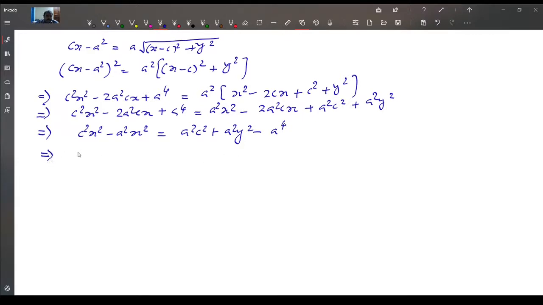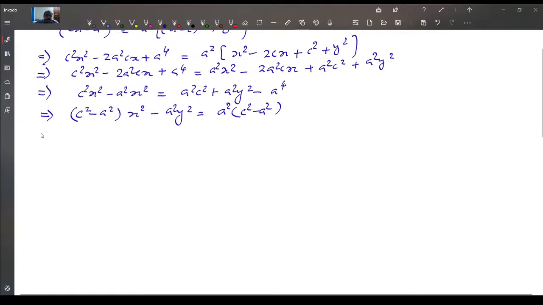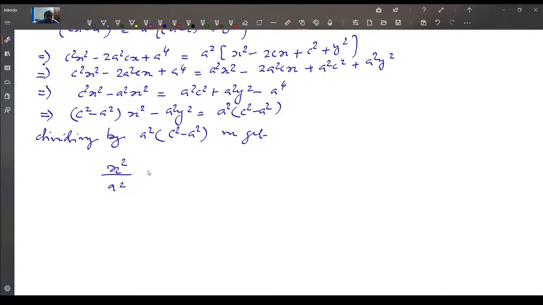So this implies (c square minus a square) into x square minus, you take a square y square to this side, a square y square, is equal to a square into (c square minus a square). Now divide throughout by a square into (c square minus a square), we get x square divided by a square minus y square divided by (c square minus a square) is equal to 1.